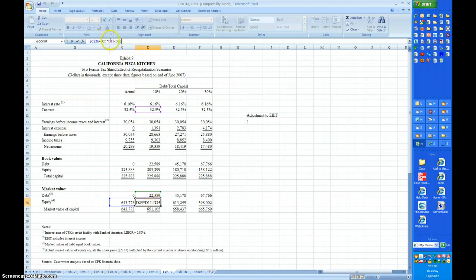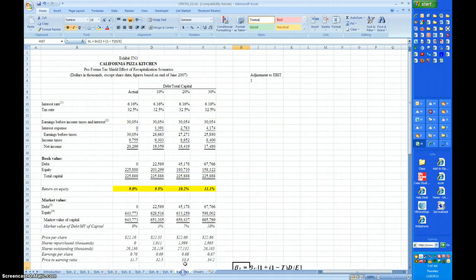That's the benefit of the debt tax shield, or I guess you should call it the interest tax shield. It goes either way, as I mentioned in class. So as more debt is added, equity starts to go down, but they recover a little bit of that from the tax effect.